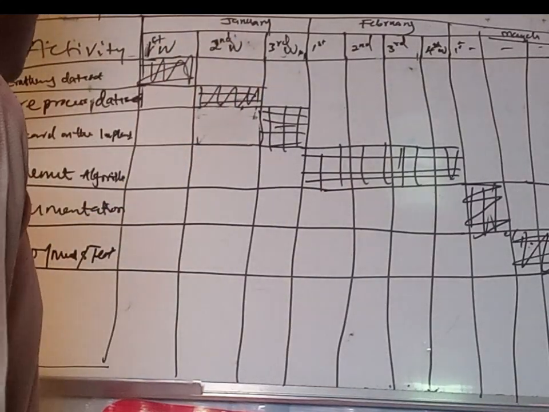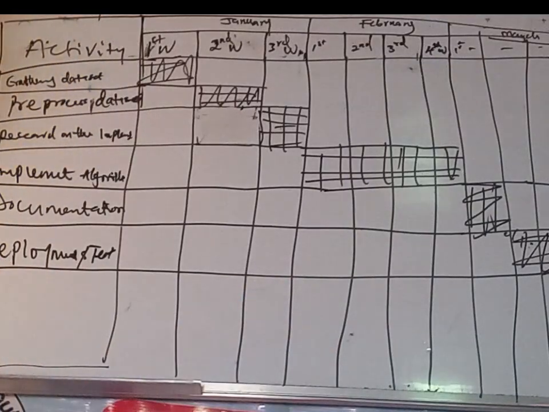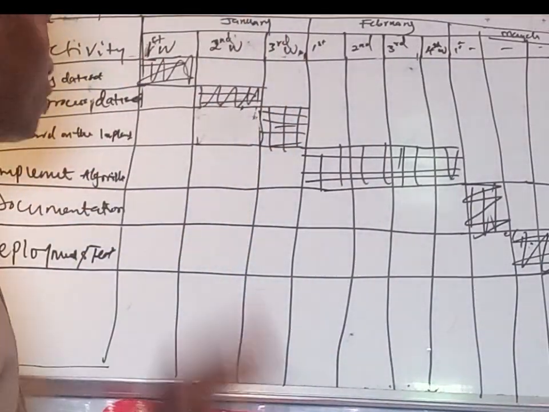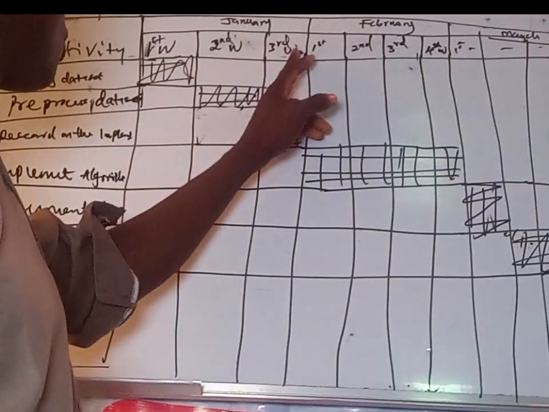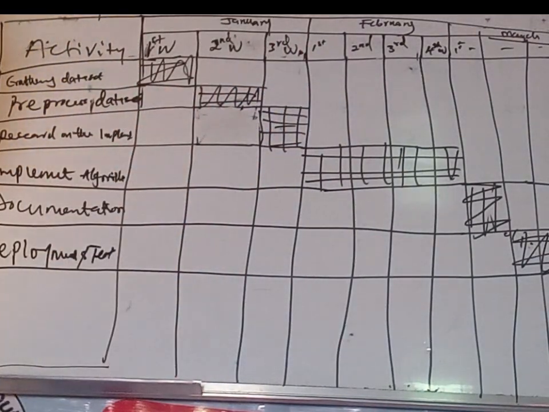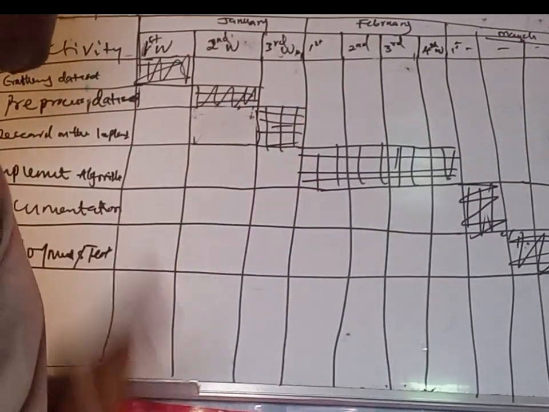At the end of the second week, you need to pre-process your data set and get them ready to use. So you see also you can track your milestone. At the end of the third and fourth week, you need to research on the implementation plan that you are going to take charge of, like the algorithms and what have you. So you are done with this also.